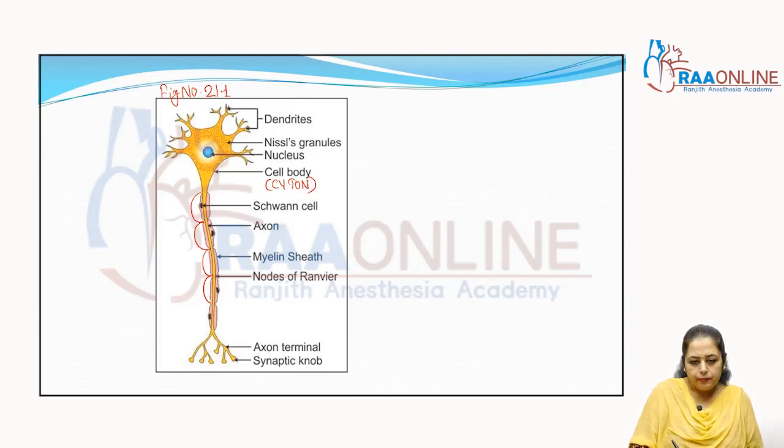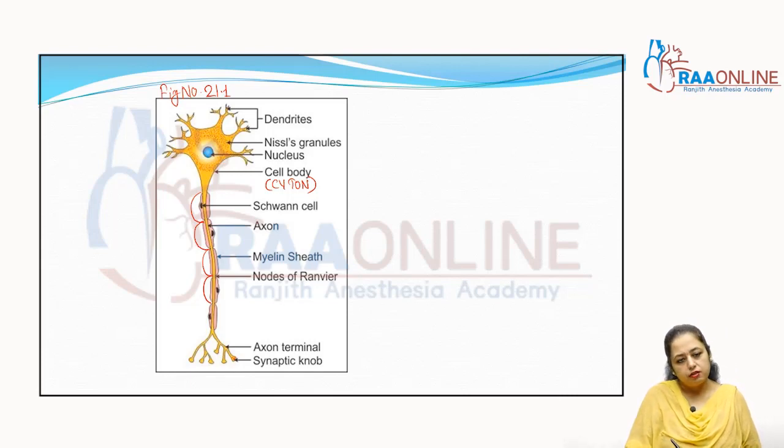And you can see this is the axon terminal, and these are the synaptic knobs, and in this synaptic knob, synaptic vesicles are present, which is filled with the neurotransmitter, right?